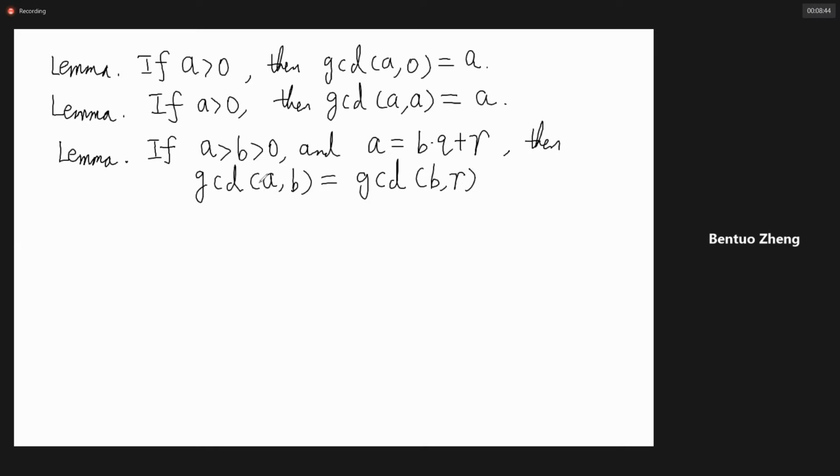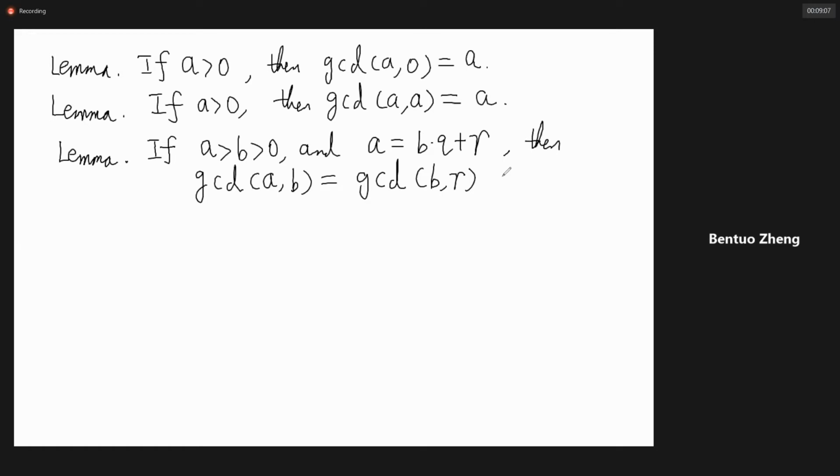So we can always use this lemma to reduce the larger number to the remainder. And of course, we can repeat this lemma once more. Since r is less than b, we can also write b as a multiple of r plus a new remainder.